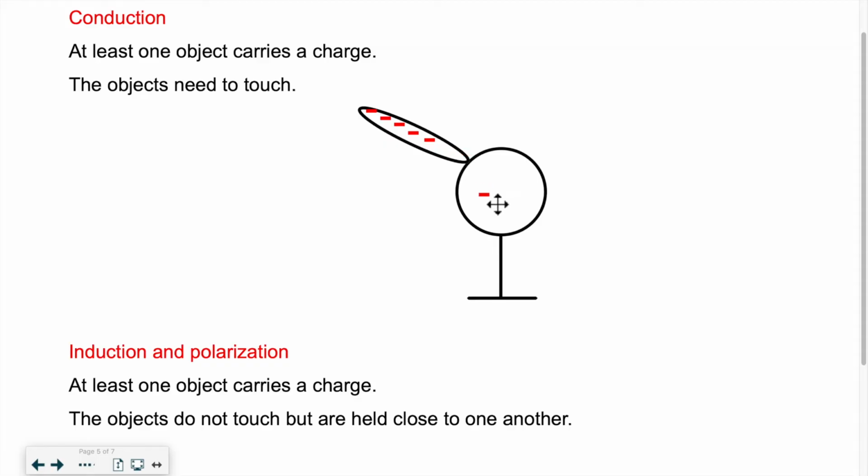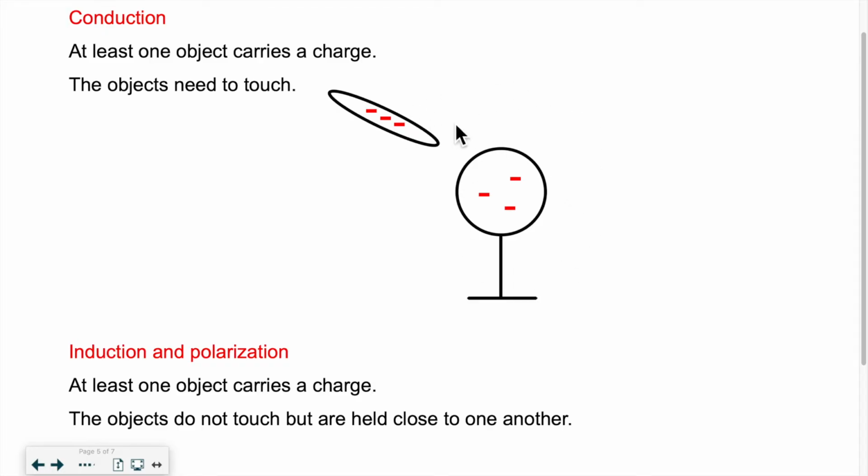Well, some of the excess electrons would be moving over, and then I remove the rod. Well, this is still negatively charged, but now my object here is also negatively charged. I could have put the positive signs, but I didn't want to confuse you with the example, so I'm just working with the electrons here. But all that to say, originally this was neutral.